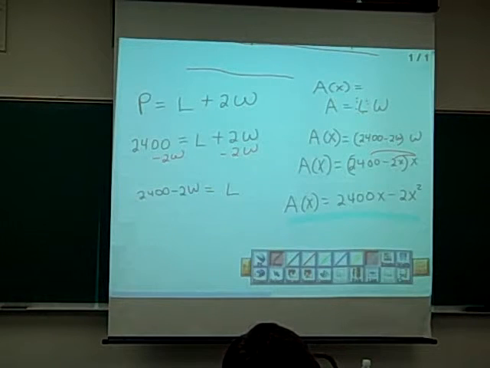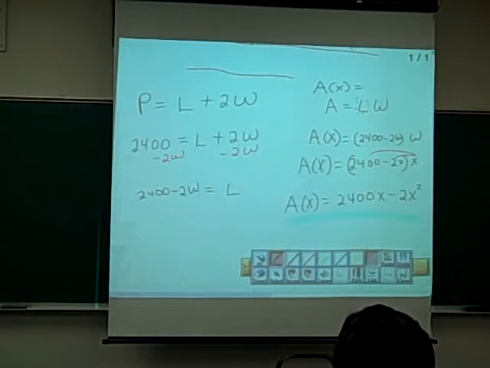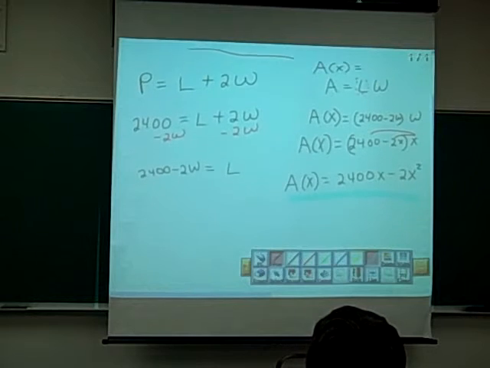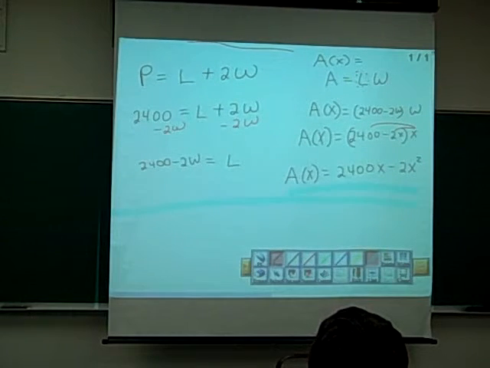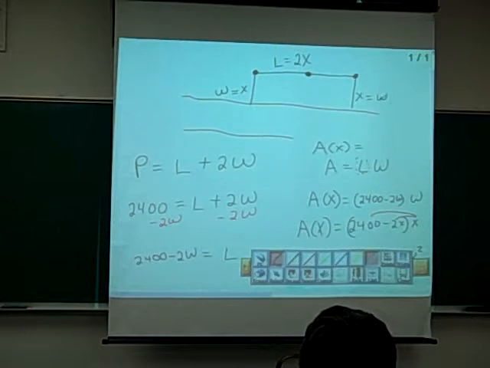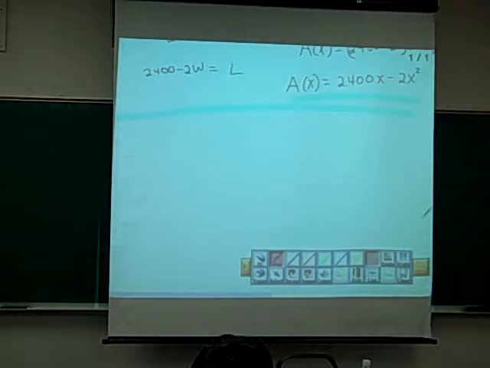Alright, any questions with that? Okay, what else? That one's probably one of the more difficult modeling problems, because it involves perimeter that's not normally used. Okay, what else on the modeling?